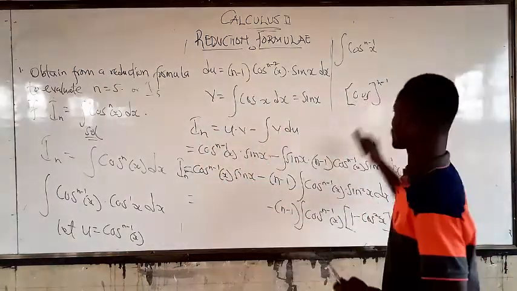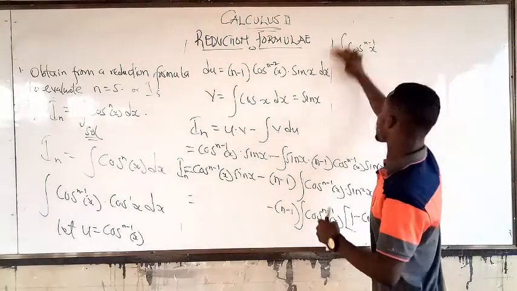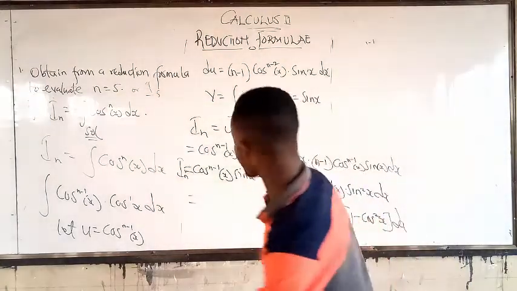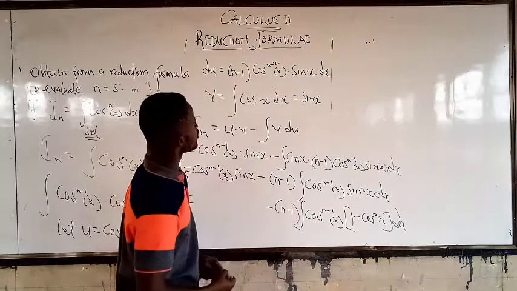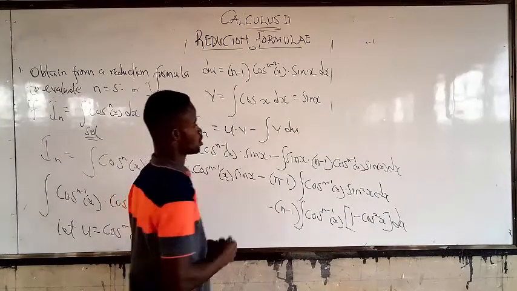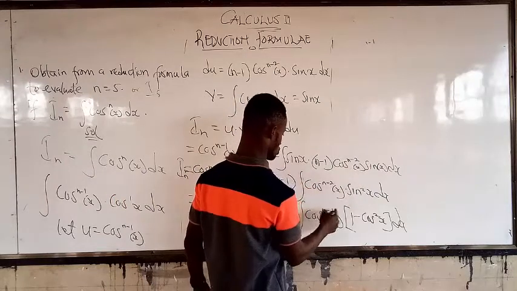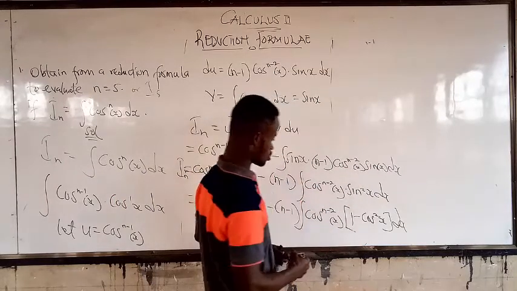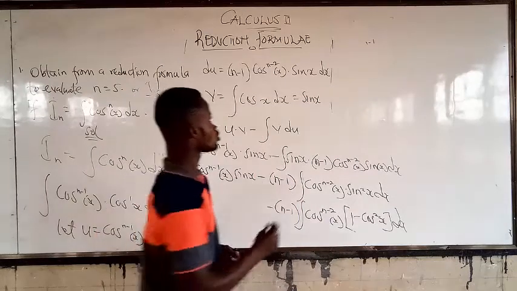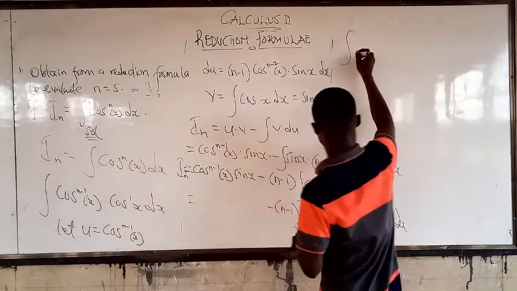Sorry for the interruption. So now that place is supposed to be n minus 2. So here is minus 2, minus 2, minus 2. Very good. So I'm bringing only that part.